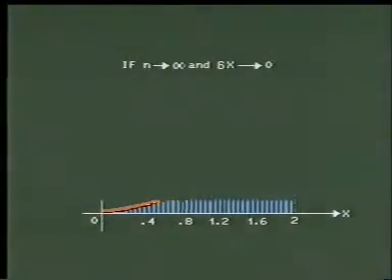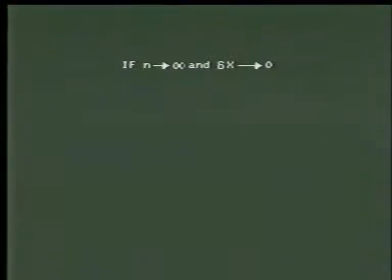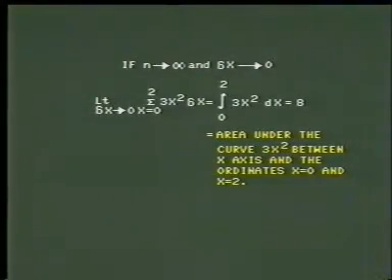Thus we can write that if n tends to infinity and delta x tends to 0, limit of sigma 3x square delta x as delta x tends to 0 is equal to integral of 3x square dx when x varies from 0 to 2 is equal to 8, which is equal to area under the curve 3x square between x-axis and the ordinates x is equal to 0 and x is equal to 2.